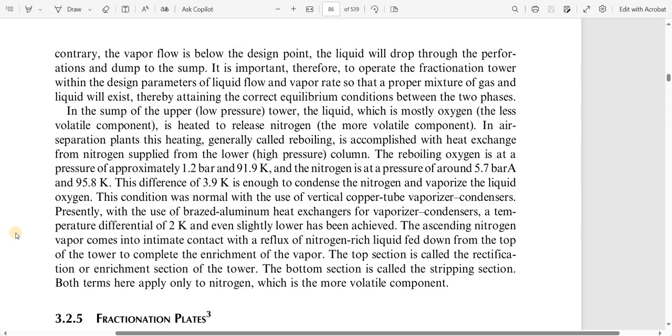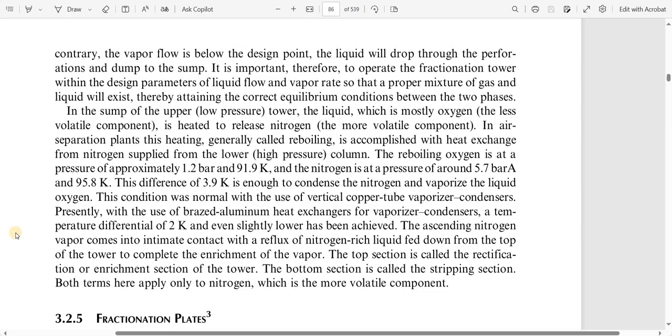It is important to operate the fractionation tower within the design parameters of liquid flow and vapor rate, so that a proper mixture of gases and liquid will exist, thereby attaining the correct equilibrium conditions between the two phases.